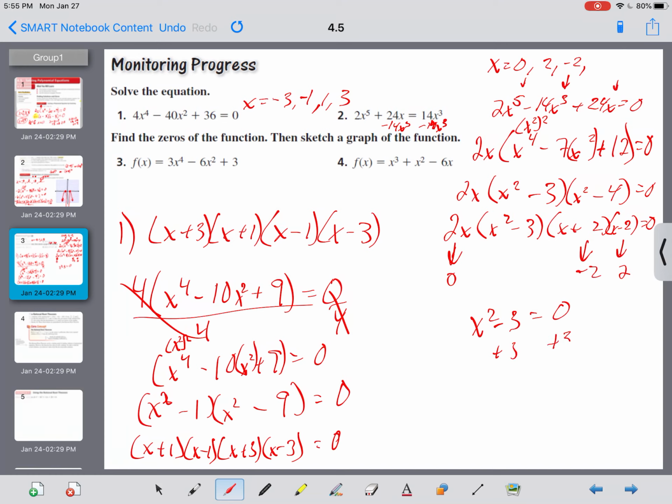We're going to add 3 to both sides. So we get x squared equals 3, and then we're going to square root. Remember, when we square root to solve, plus or minus square root of 3. So we're going to say plus the square root of 3, minus the square root of 3. 1, 2, 3, 4, 5 answers. Degree of 5 has to be the case.